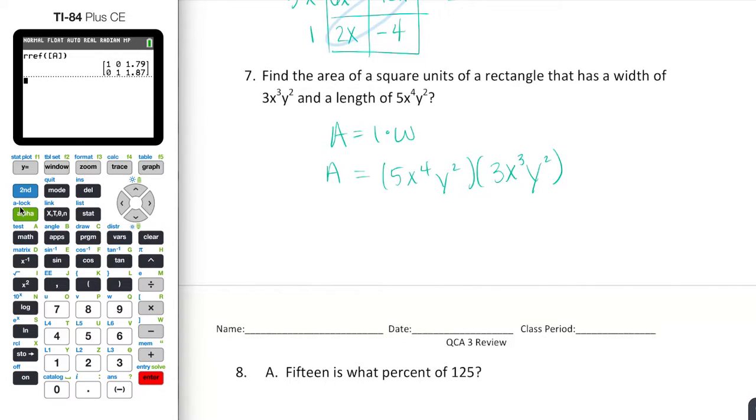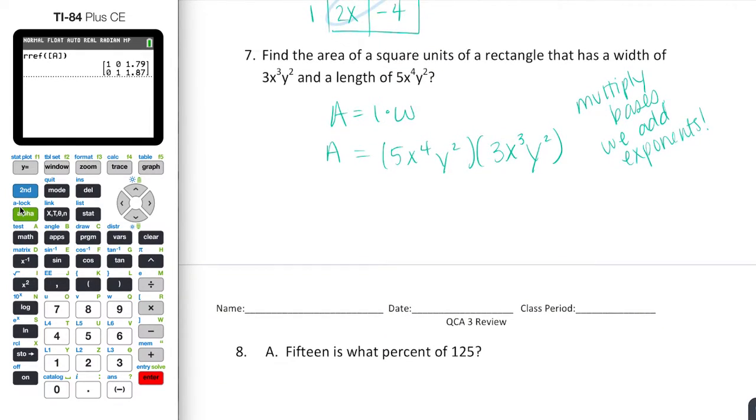Remember, when we multiply bases, we add our exponents. So we're going to multiply the two numbers in front, our 5 and our 3, and then we're going to add the exponents. So 5 times 3 is 15, and then x to the 7th, y to the 4th, and that is our final answer right there.